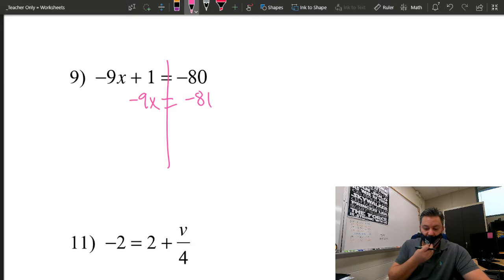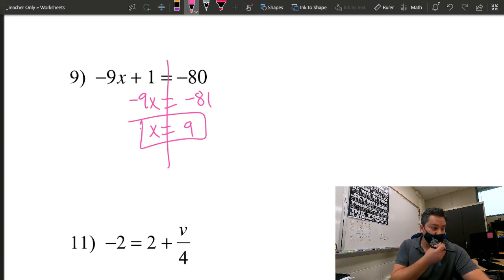That's all that's happening. So now, I got to get rid of the negative 9. It's multiplying, so I got to divide by negative 9. So x equals positive 9. 81 divided by 9 is 9. Negative and negative is a positive. So that's my answer right there. That's the fast way to do this one.